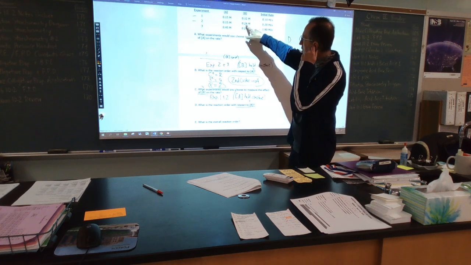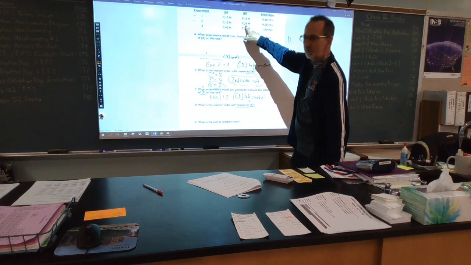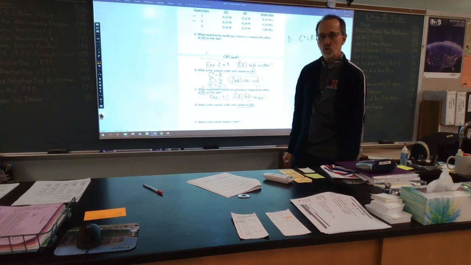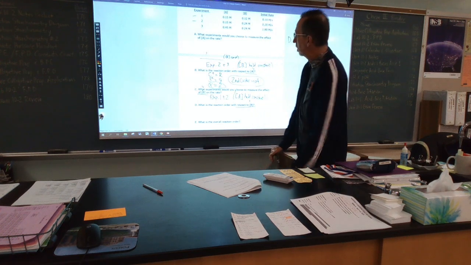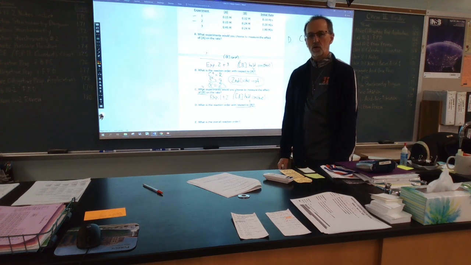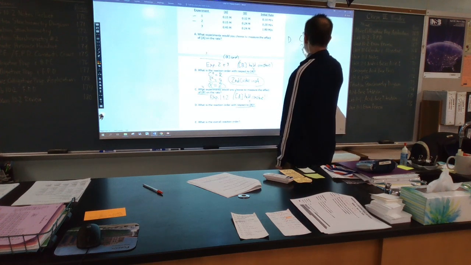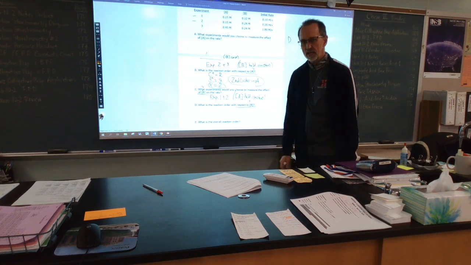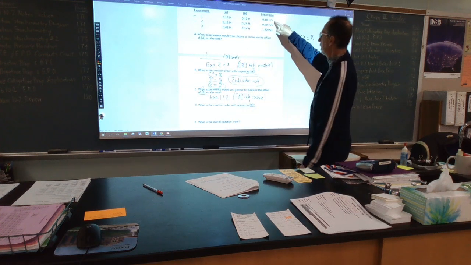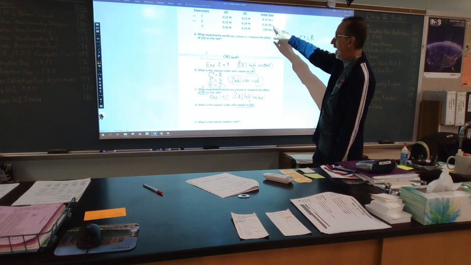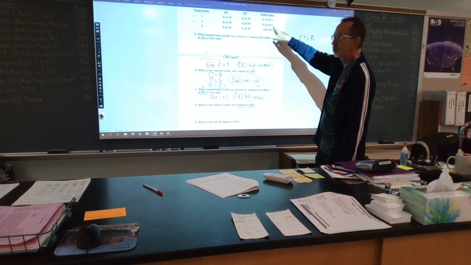In experiment 2, B's concentration is 0.24. In 1, it's 0.12. 0.24 divided by 0.12 is 2. So C is 2. C to the x equals R. How did the rate change? Well, the rate in experiment 2 is 0.20.